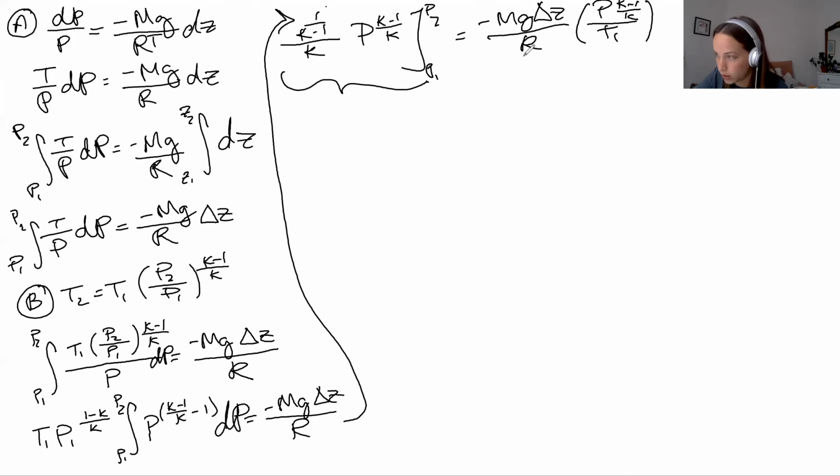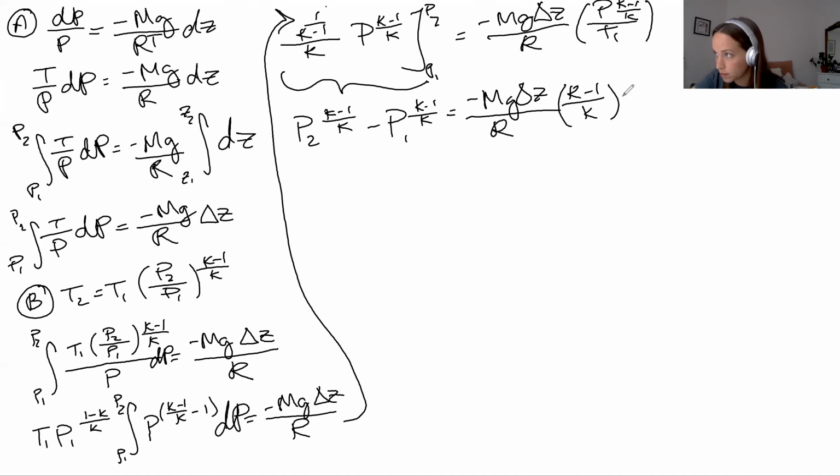I forgot about that one, but that will give us P2 to the K minus 1 over K, minus P1 to K minus 1 over K. And we forgot our temperature.